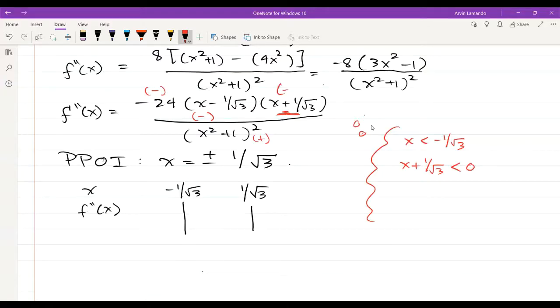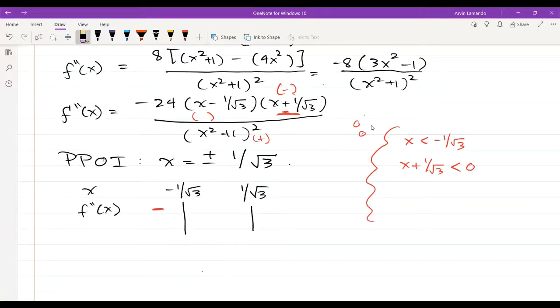Therefore, as a multiple of 3 negative factors, f double prime of x, when x is less than negative 1 over square root of 3, is negative.